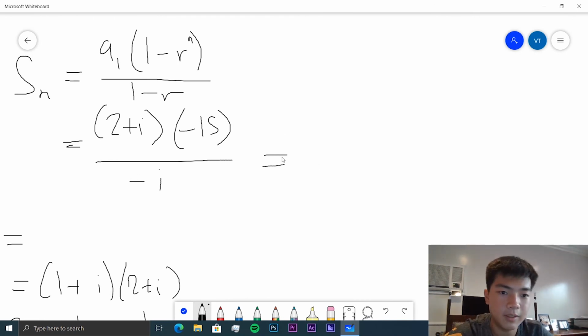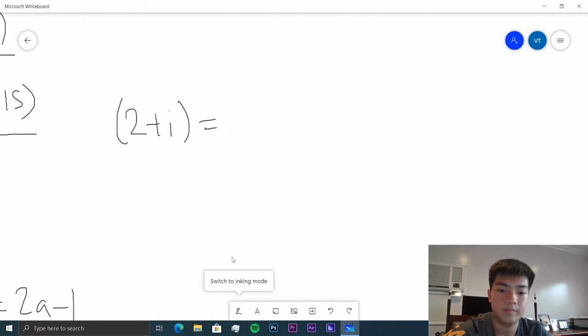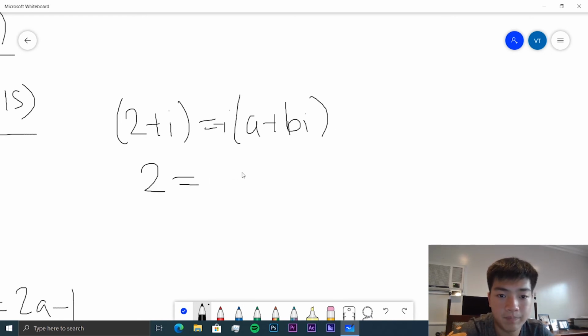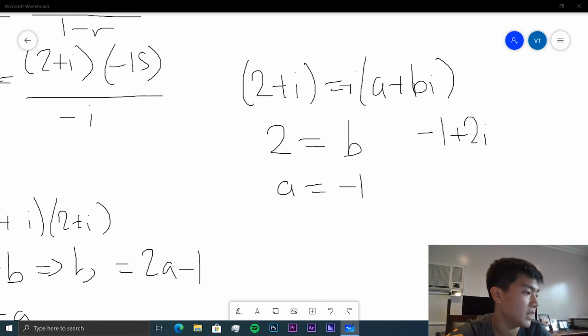So this is equal to, let's just divide these two first. So we have 2 plus i is equal to negative i times a plus bi. So 2 is equal to b, and a is equal to negative 1. So this is negative 1 plus 2i times 15. Is that it?